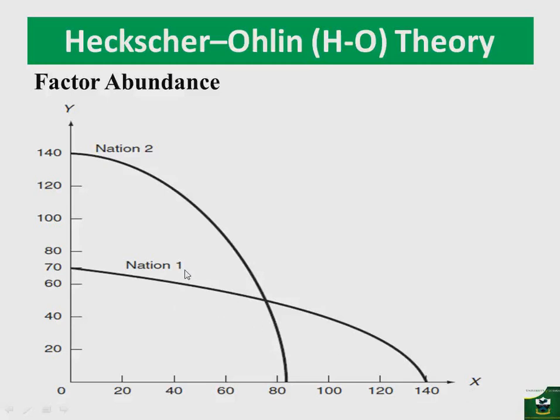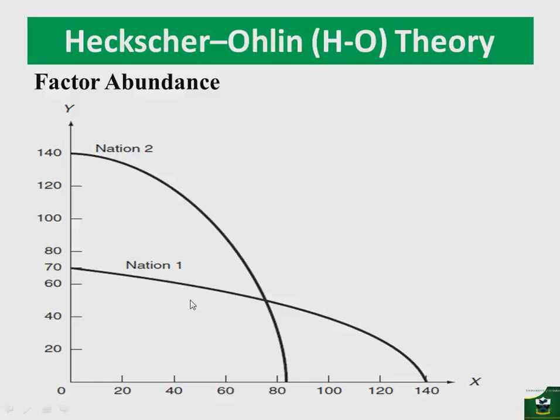Therefore Nation 1 has a comparative advantage in the production of commodity X. In terms of Nation 2, its production frontier moves along the y-axis to show that Nation 2 is capital abundant. And because commodity Y is capital intensive, then Nation 2 has a comparative advantage in the production of commodity Y.